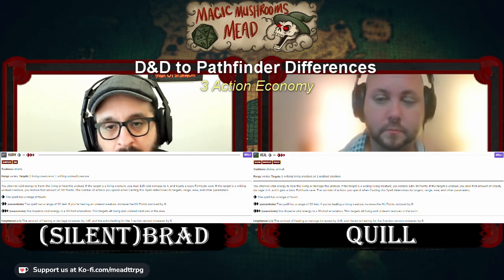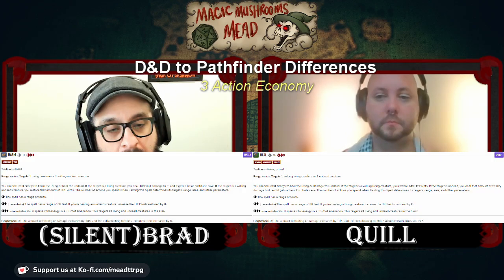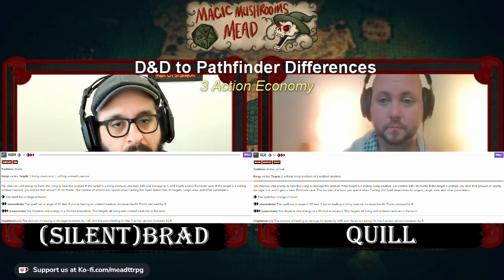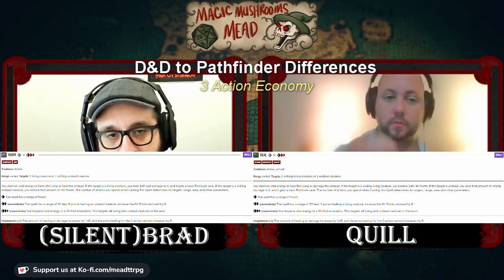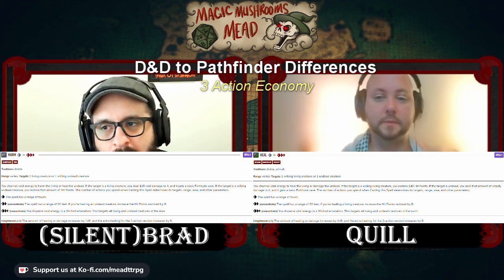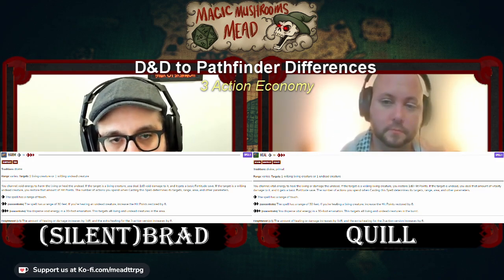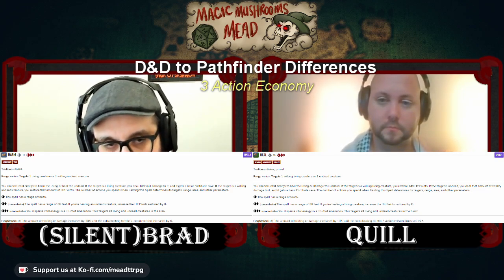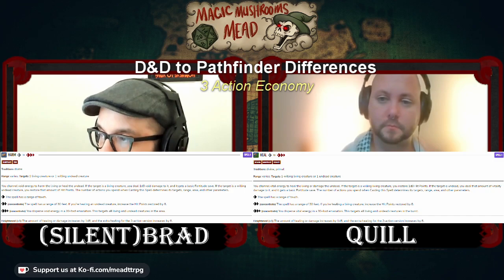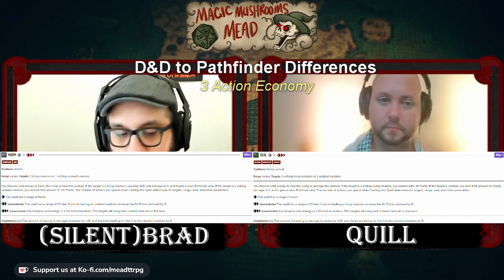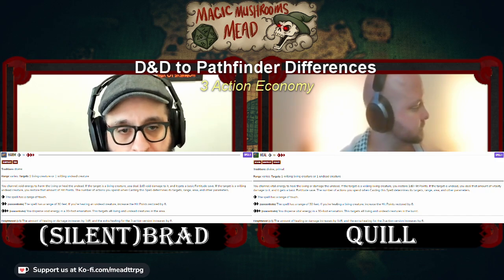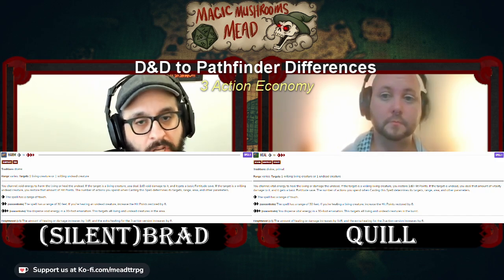Heal and harm, for instance, are variable, so they can take one, two, or three actions depending on how you want to cast the spell. You can touch them for one action to do a small amount of healing or damage, which is basically cure wounds. You can do a basic healing word type one for two actions, so you can do it at a distance.